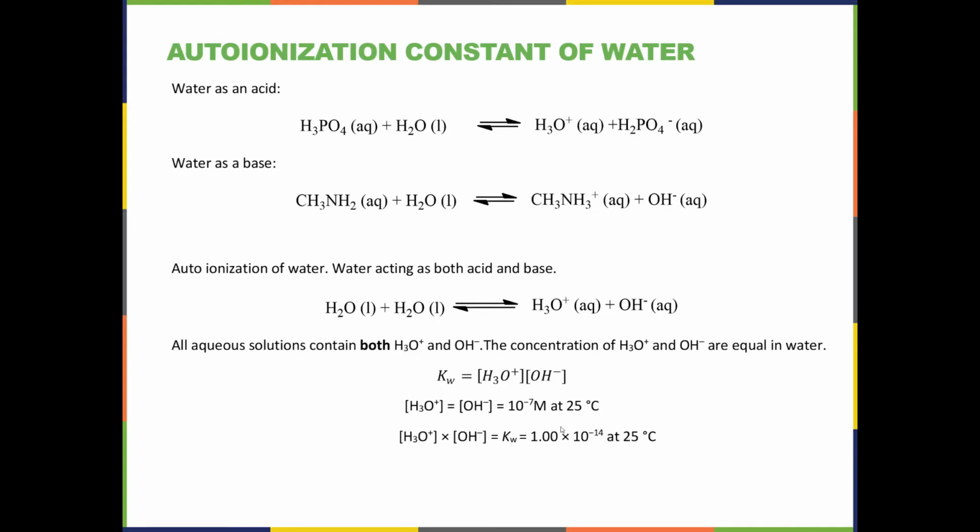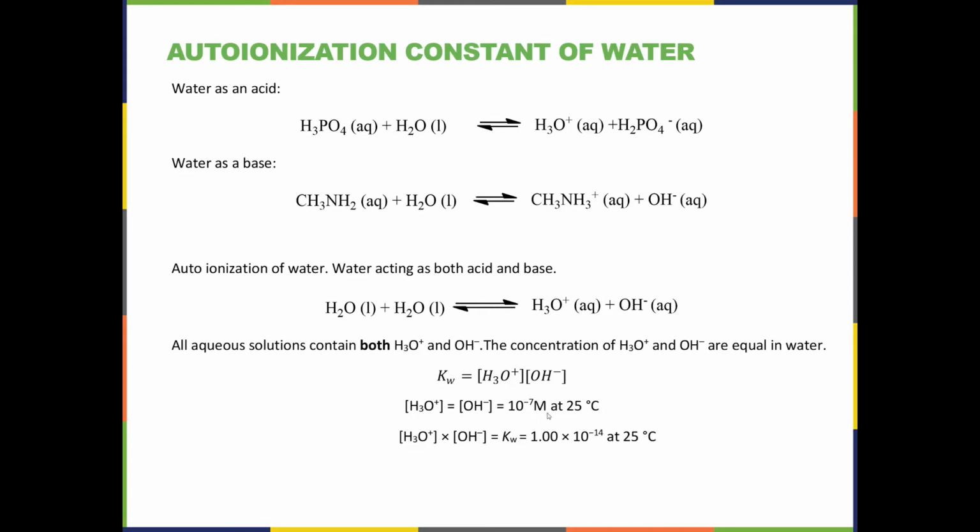If we take 10 to the minus 7 molar times 10 to the minus 7 molar, we get this Kw, which is a value you need to know, 1 times 10 to the minus 14. So this is basically the autoionization constant of water, labeled as Kw.